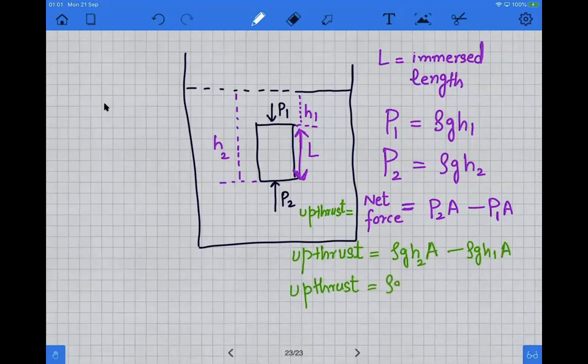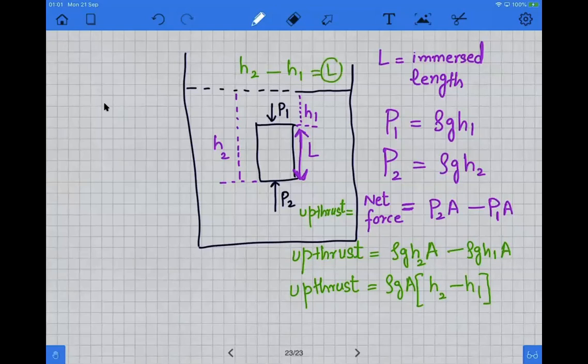Upthrust will become rho into G into A into H2 minus H1. And H2 minus H1 will become L, the immersed length.